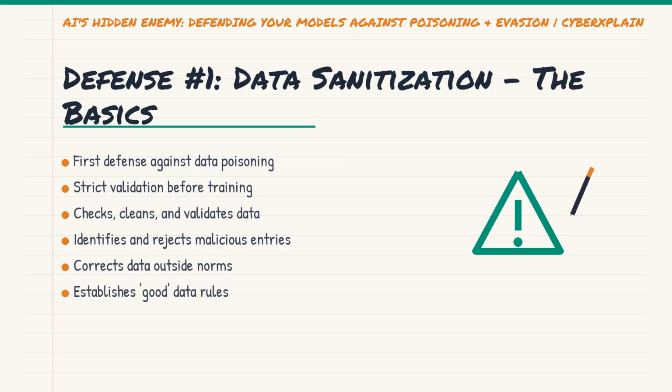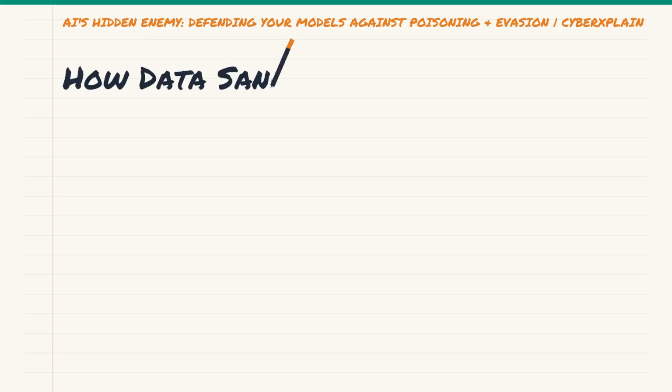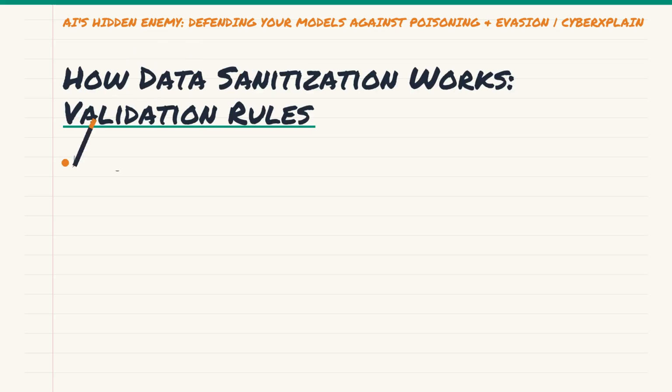This isn't just about fixing typos, it's about systematically identifying and rejecting or correcting data that falls outside expected norms or patterns, which could indicate malicious intent or just severe errors. It's about establishing clear rules for what constitutes good data. So, what does this bouncer actually do?